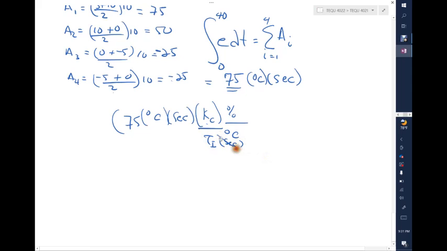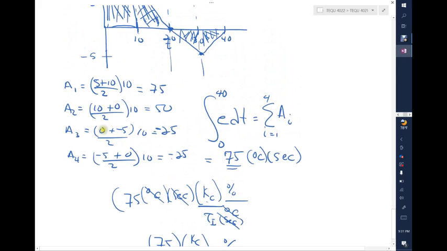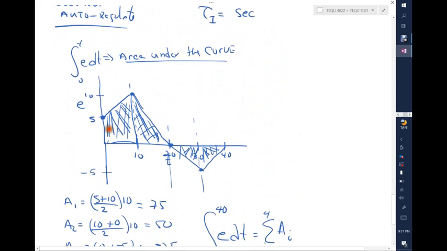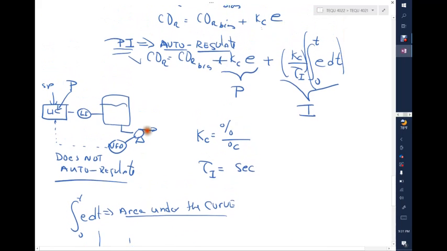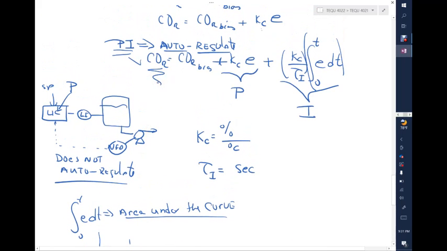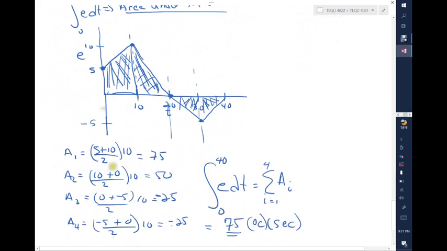So second cancels out with second, degree C cancels out with degree C, and eventually you got 75, which is just the area under the curve, times Kc over tau I, which is just a number, but at the end is percentage. And that makes sense because the CO, the controller output, is measured in percentage. All right, so that is basically how that works.